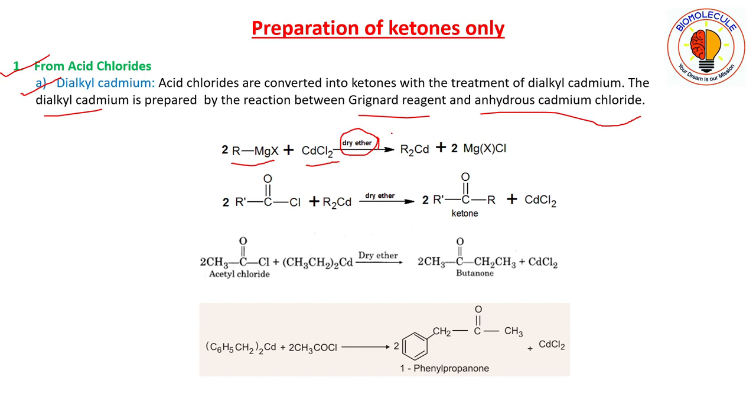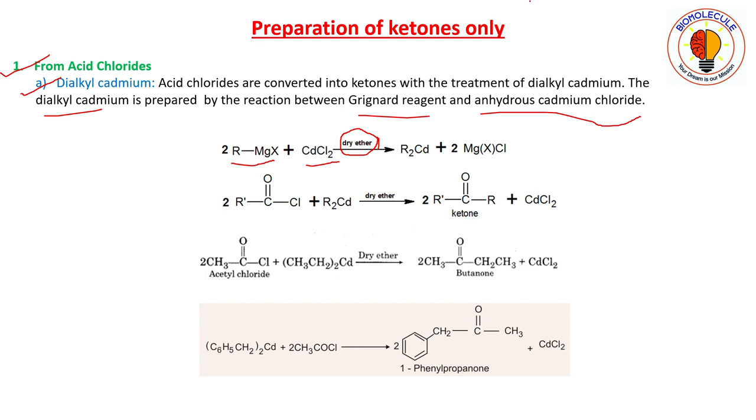Why is it so? Grignard reagents have a negative charge in their alkyl part, so that negative charge takes up a proton from water to give you alkanes. So if it is not anhydrous, then your Grignard reagent will get destroyed.